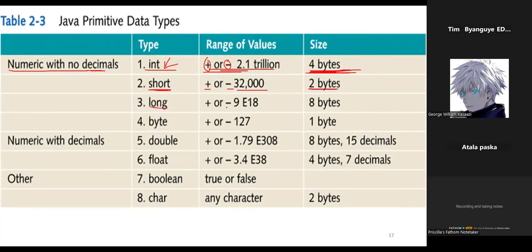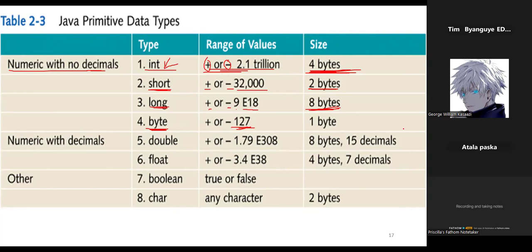Long, on the other hand, is negative 9 times 10 to the power of 18, which is going to store 8 bytes. And that's negative to positive. Then the byte as a data type also stores whole numbers, and it will store between negative 128 and positive 127.